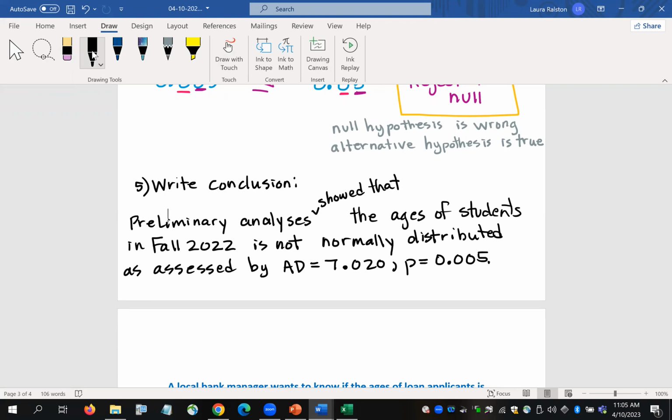So we concluded that the ages are not normally distributed, which would then mean if I were going to conduct some kind of a different hypothesis test, I would likely use a non-parametric test because my variable is not normally distributed.